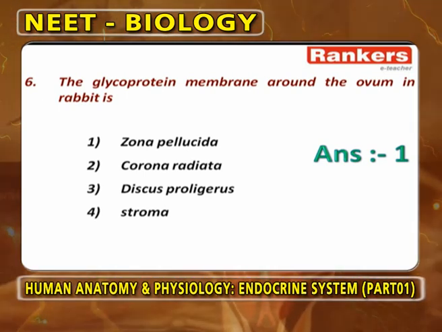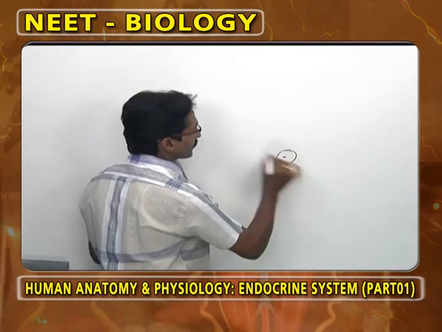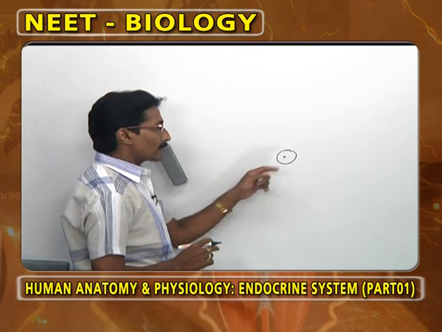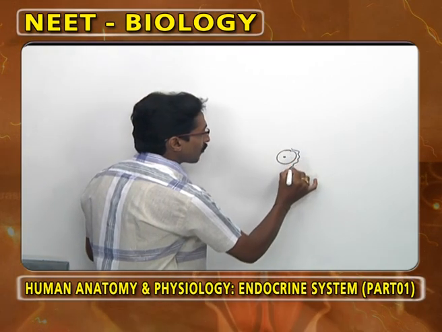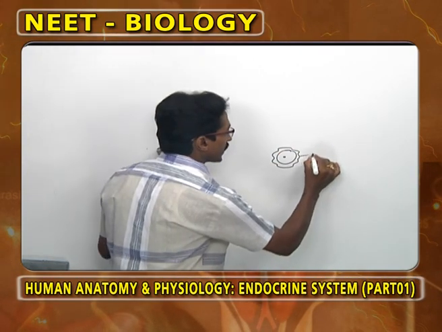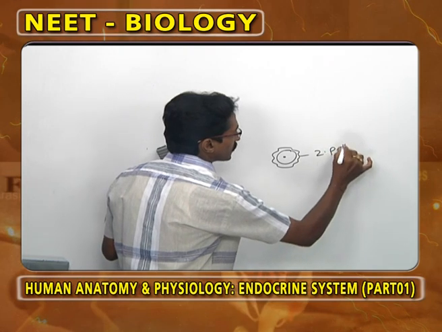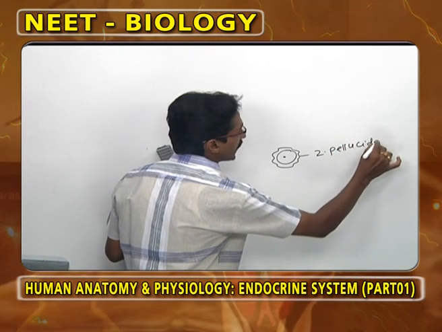Now as we observe the ovum, this part we call the ovum. In the ovum, haploid number of chromosomes are present. The ovum is covered and protected by how many layers? 2 layers. The innermost layer we call the zona pellucida.